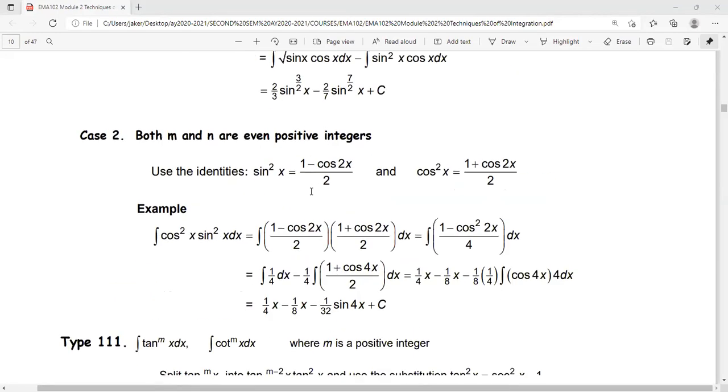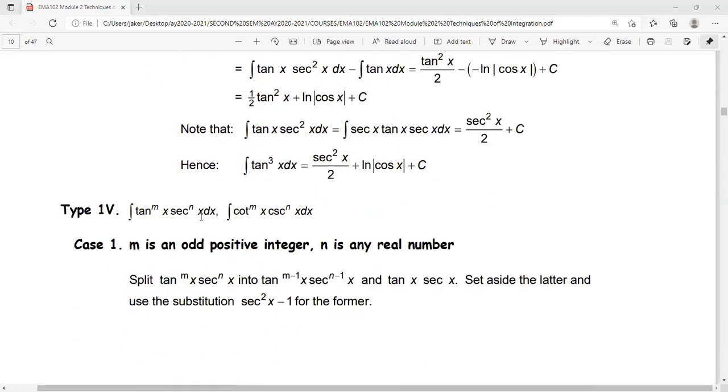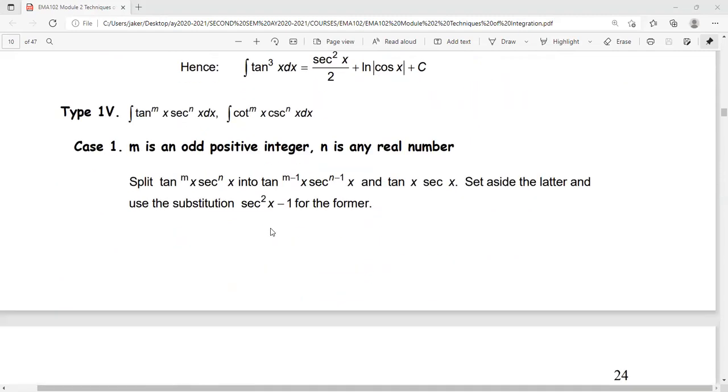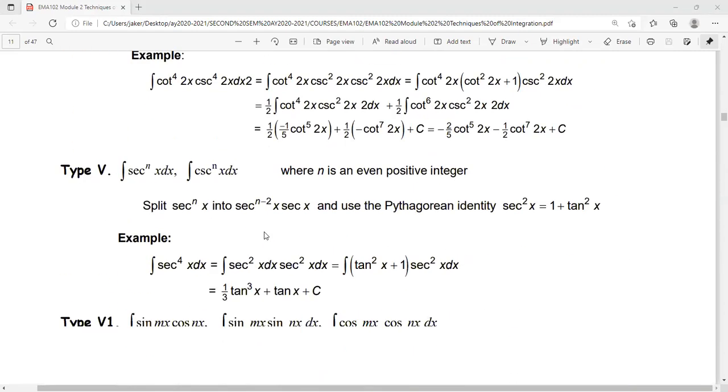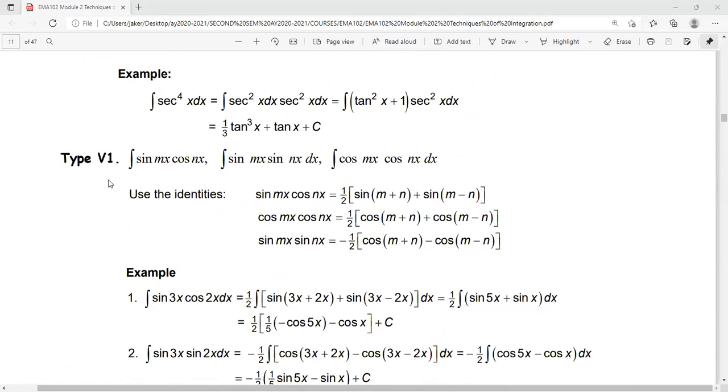Type 3 is the tangent and the cotangent. Type 4 is the tangent with the secant and the cotangent with the cosecant. Type 5 is just the secant or the cosecant standalone. And type 6 is the only type here wherein it's not raised to any exponent other than 1. The only difference is that the angles are not the same for the functions that are multiplied.